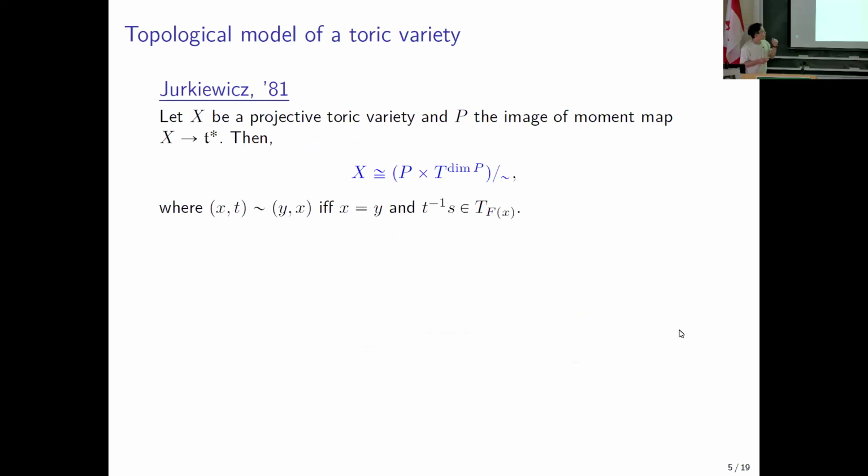And then the topological construction of the toric variety is, first, you take the Cartesian product of the polytope P together with the torus having the same dimension as my polytope, and then take some quotient relation. Okay, and this equivalence relation looks a little complicated, but we have some nice pictures.